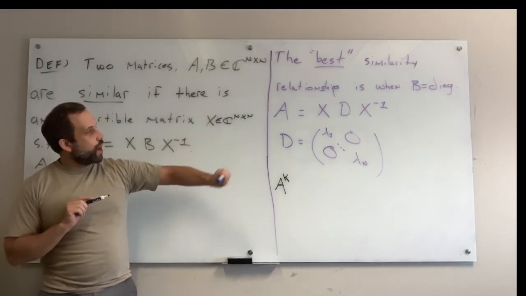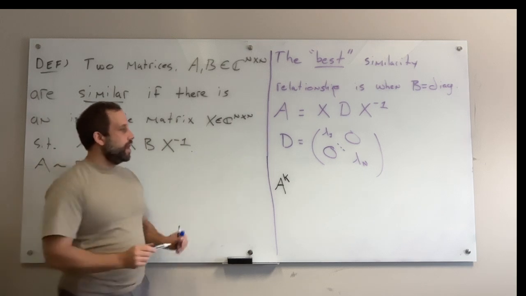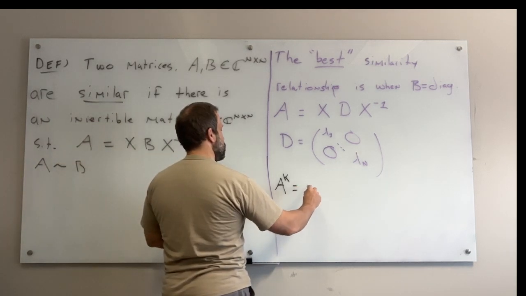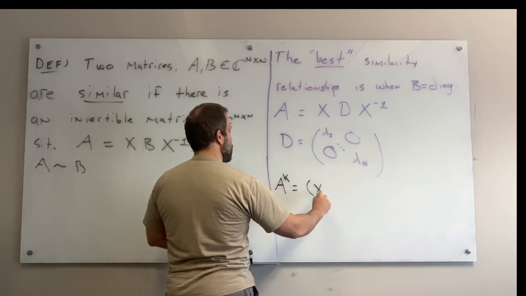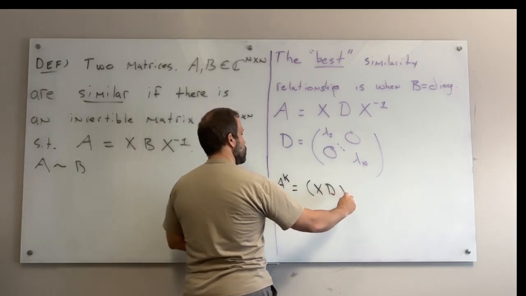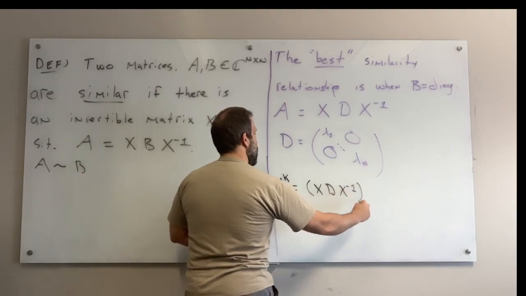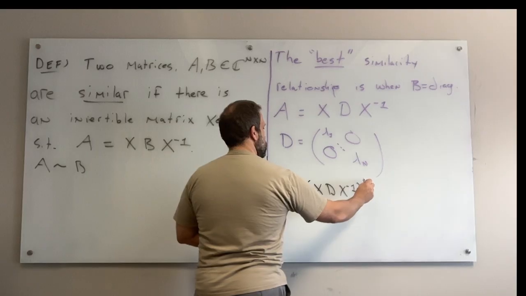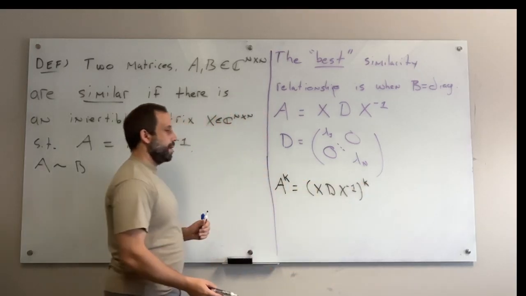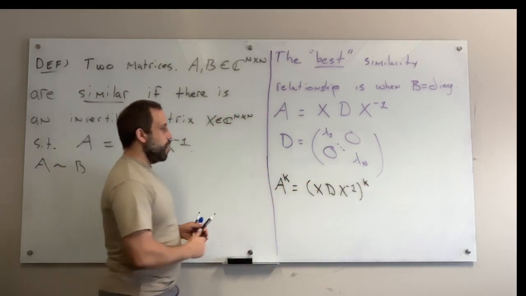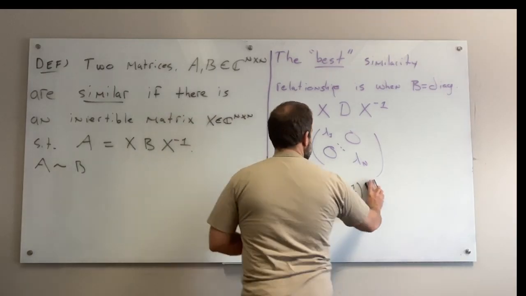Okay, if I can write A this way, notice this is just going to be equal to X D X inverse to the power of K. Okay, but notice what happens if I actually write these factors out.